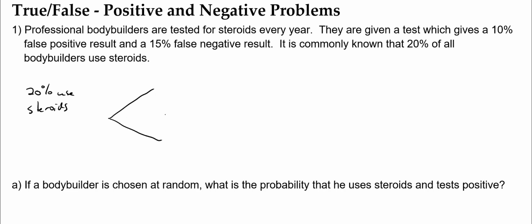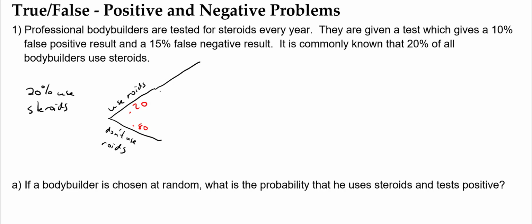And if 20% use it, we're going to put 0.20, and this other one is going to be 0.80. And we're saying 20% use roids, and 80% don't use steroids. Okay? So that's our first part of the tree.